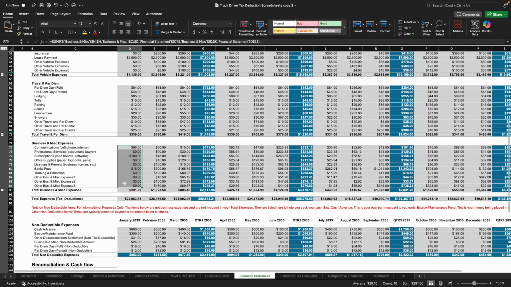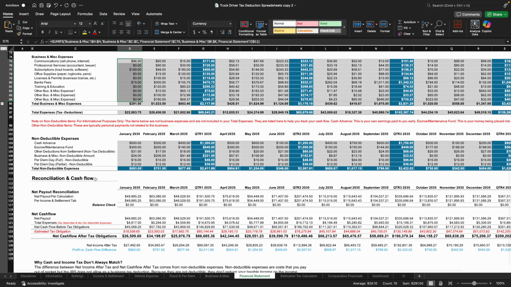Okay, so the next piece we're talking about is down here: non-deductible expenses, and then your reconciliation and your cash flow. Some of the non-deductible expenses come from your settlement deductions, and some come from a variety of your other expenses that you log, but they're not deductible.